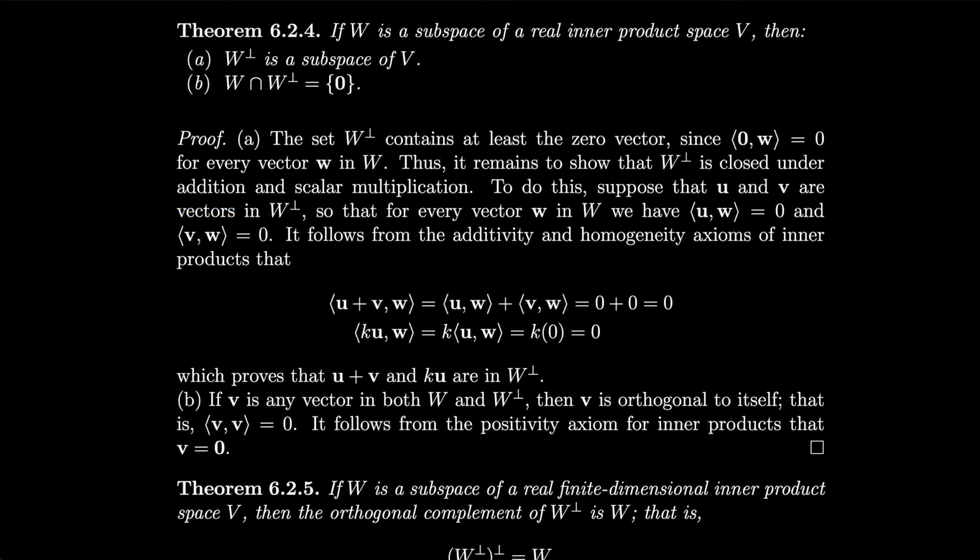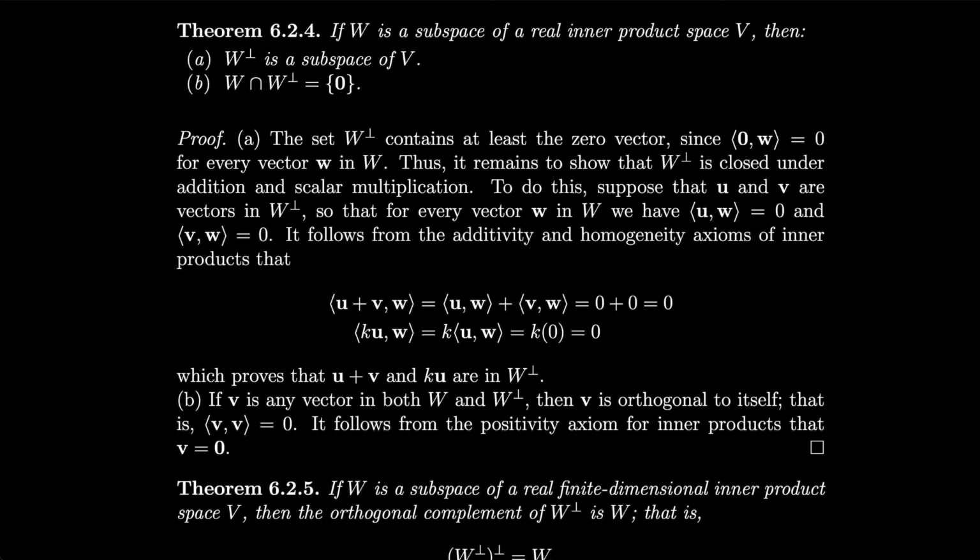It follows from the additivity and homogeneity axioms of inner products that the inner product of u plus v with w is the inner product of u with w plus the inner product of v with w, but that's 0 plus 0, so it's 0. So that means it's closed under addition. Similarly for scalar multiplication, you can just pull out the scalar. So you get k times 0 is 0, so that inner product is also equal to 0, so that means that both of those vectors are in W perp. It's closed under addition and scalar multiplication, so it must be a subspace.